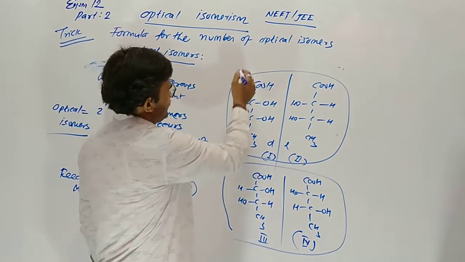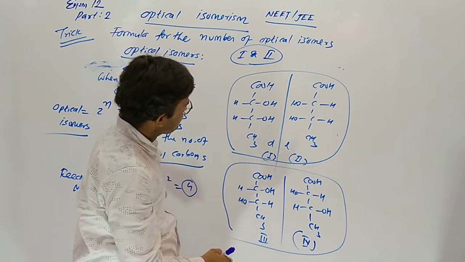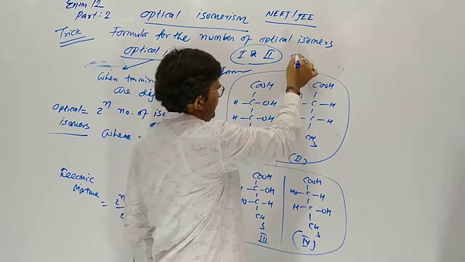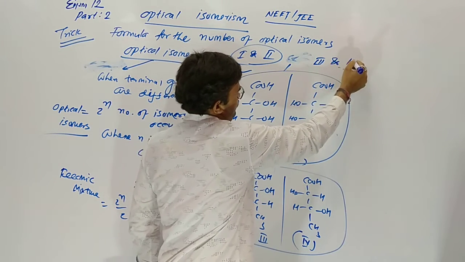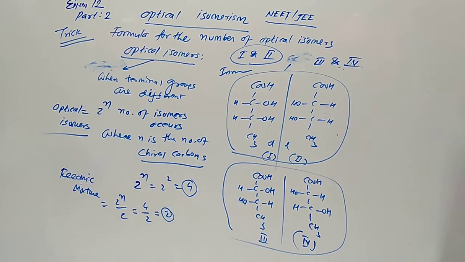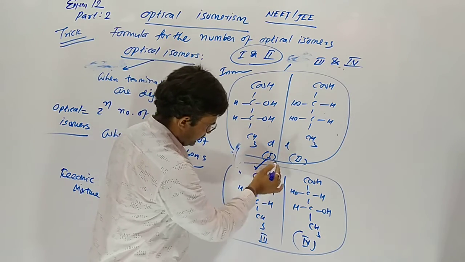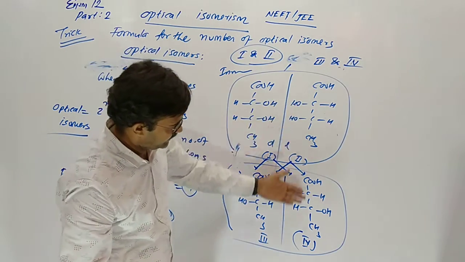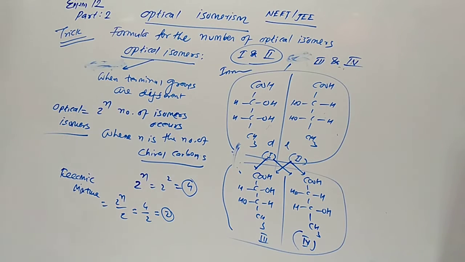Now you can see 1 and 2 are enantiomers, mirror images like this, and 3 and 4 are also enantiomers of each other, but 1 with 3, 1 with 4, 2 with 3 and 2 with 4 are not mirror images, which are called diastereoisomers.